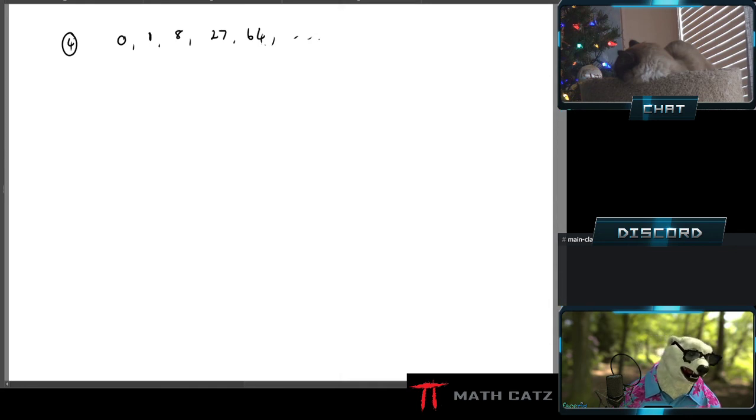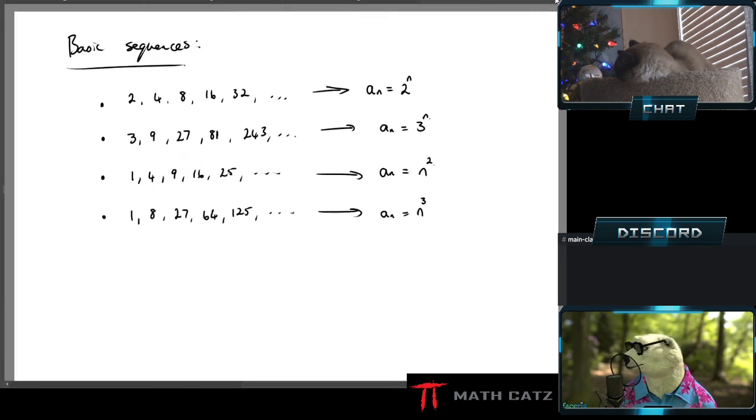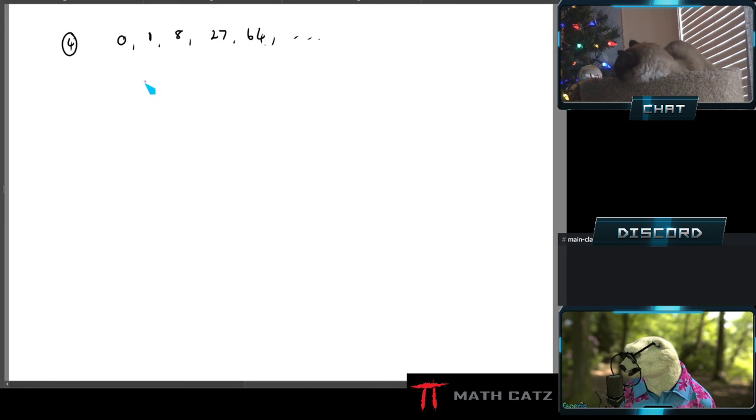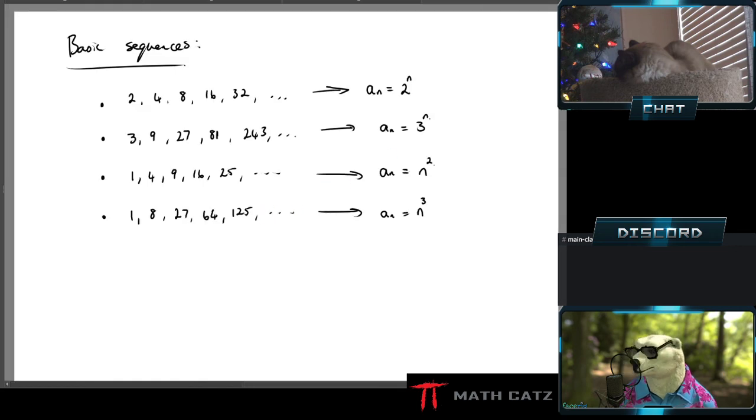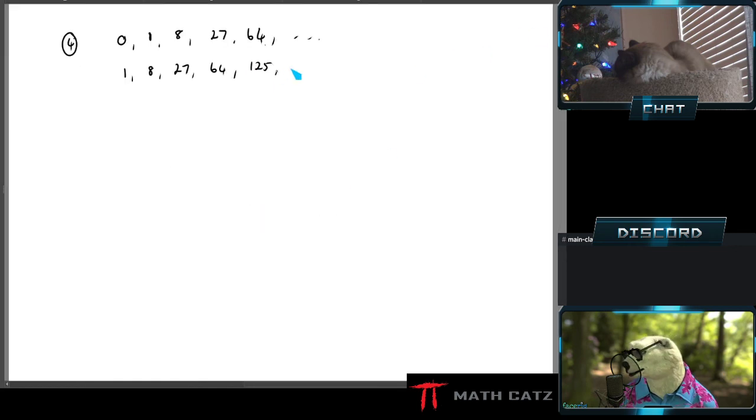Let's just try and quickly finish this one. So here I want to notice that the numbers in the sequence are these last ones. The cube numbers, 1, 8, 27, 64, what was the next one? 125, of course, and so on.